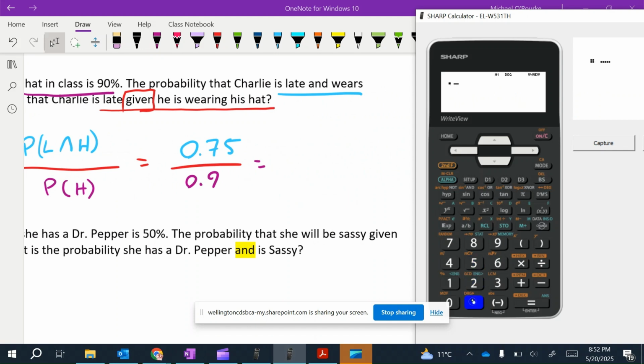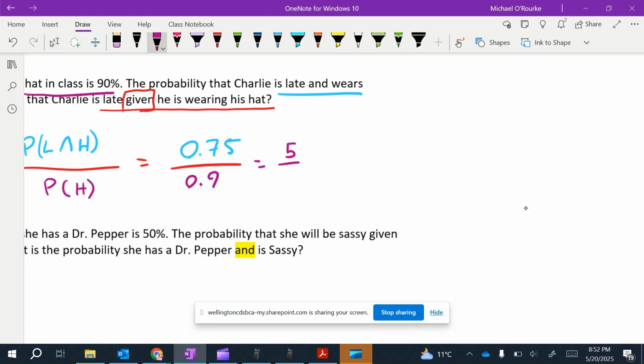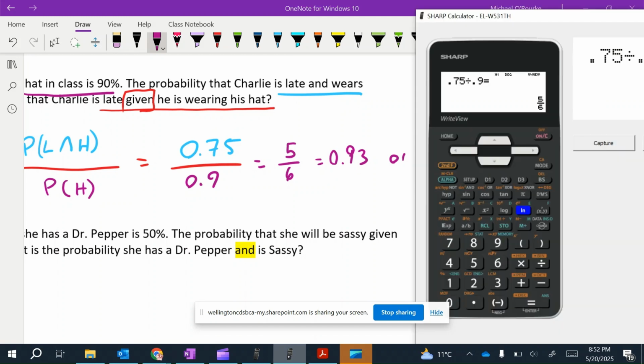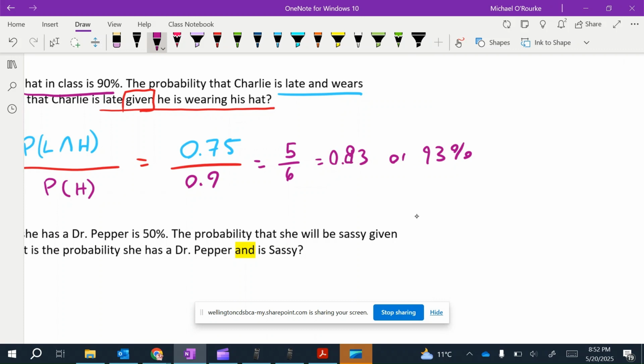So that's going to be 0.75 divided by 0.9, which equals 5 over 6, which equals 0.93 or 93%. Correct? Oh, 83, sorry. 83%.